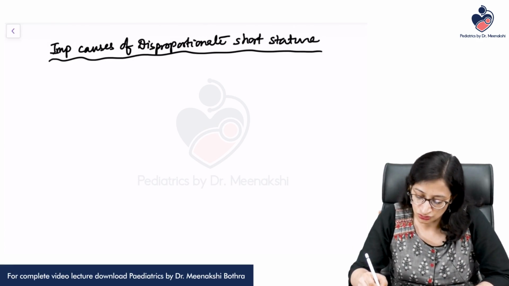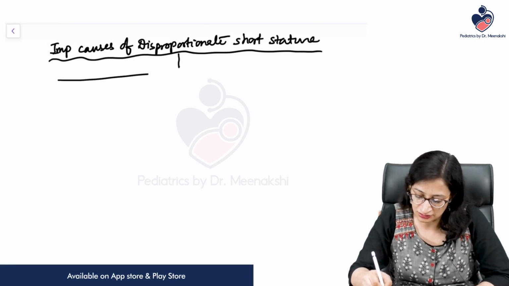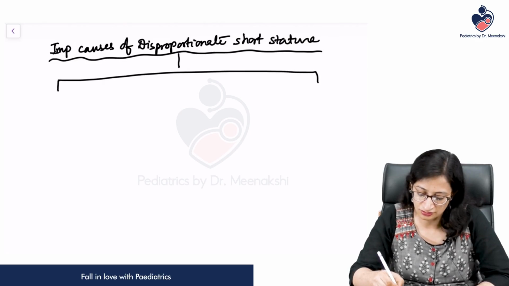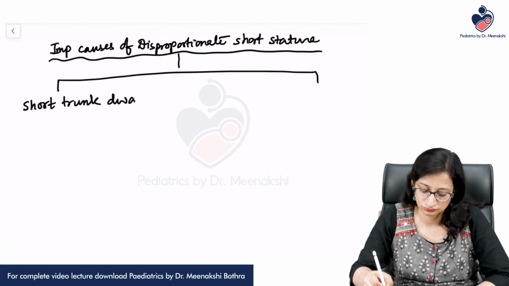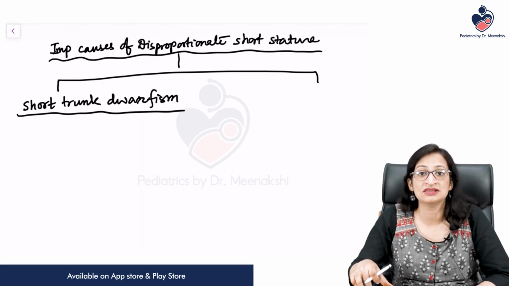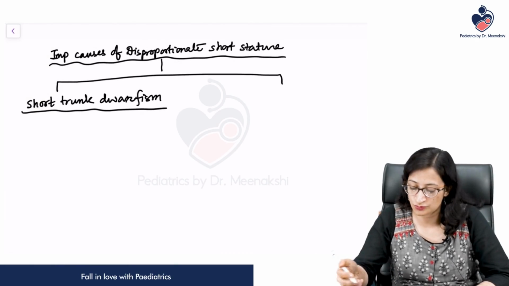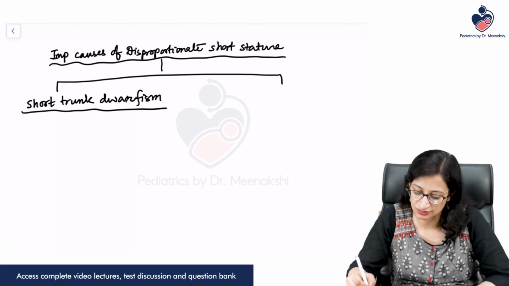So, two main groups in which we can classify it: short trunk dwarfism and short limb dwarfism, where the limbs are disproportionately short as compared to the trunk.